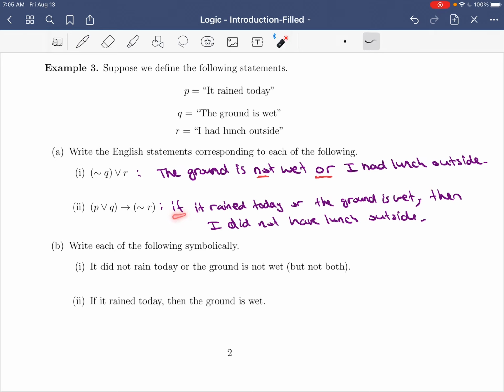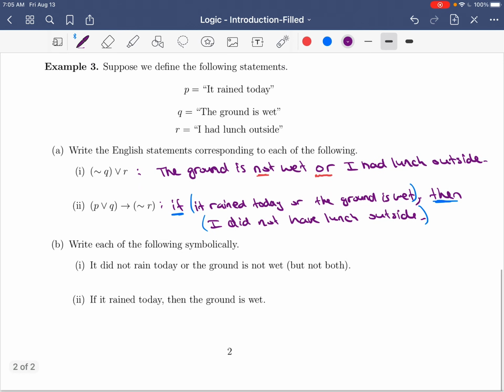Okay, so here's our implication. So if, then. Okay, so it's if this stuff, then this other stuff. And then the first stuff was P or Q, so that's this statement or this statement. And then then not R, so that's, I did not have lunch outside. Okay, so that way is normally easier.